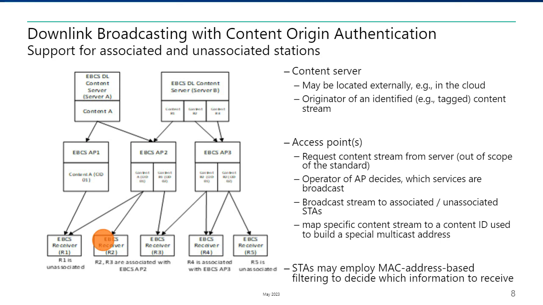So the content servers may be located externally in the cloud, and they are the originator of an identified or tagged content that is to be broadcasted towards stations within the access area of the access point. The access point here is in control and charge of the information that is made available within its coverage area.